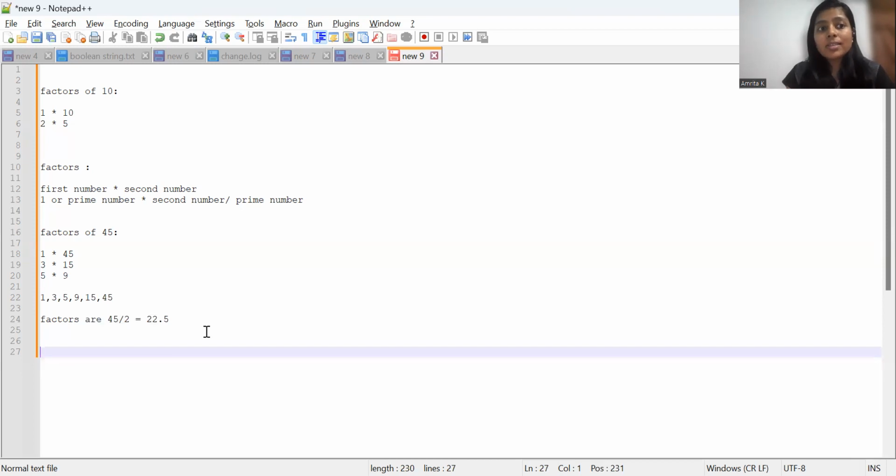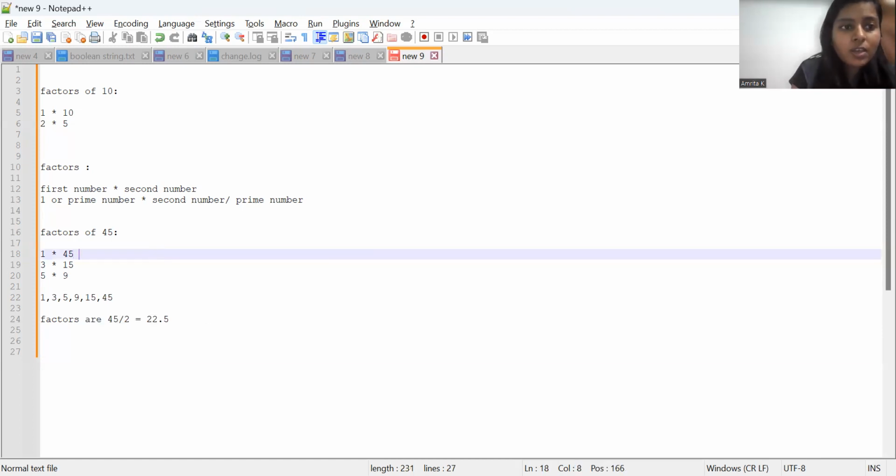And all these factor pairs had 45 as a multiple of them. Okay, so that means 1 into 45 is equal to 45. That means 45 is a multiple of 1 and 45.